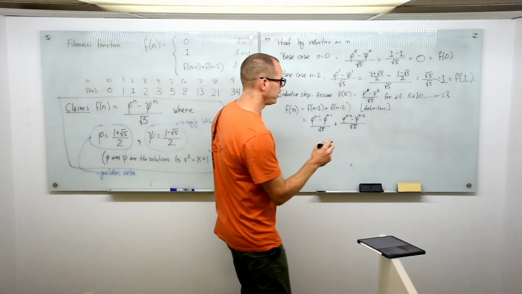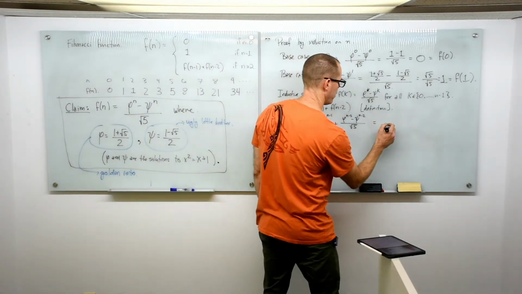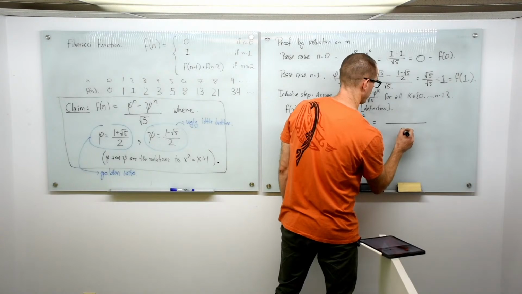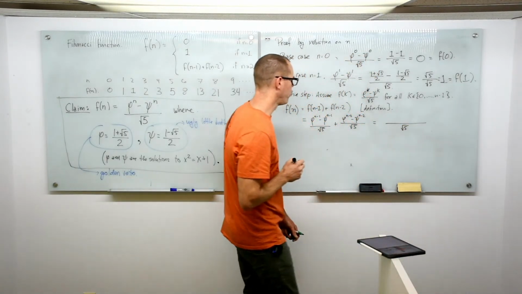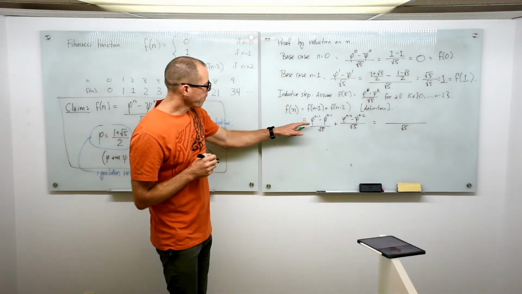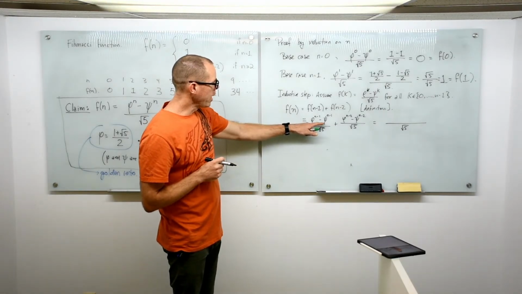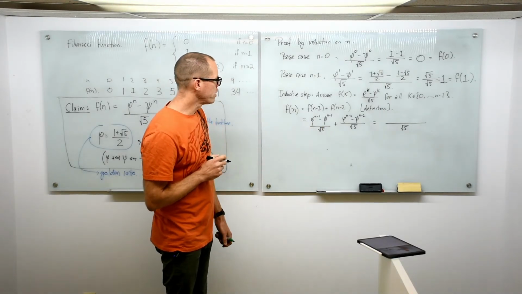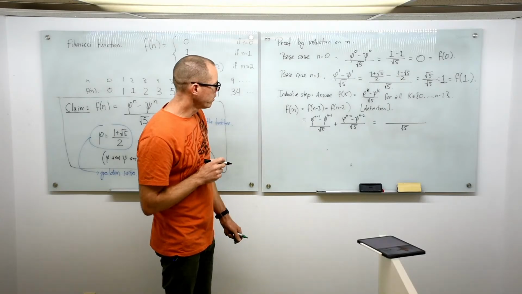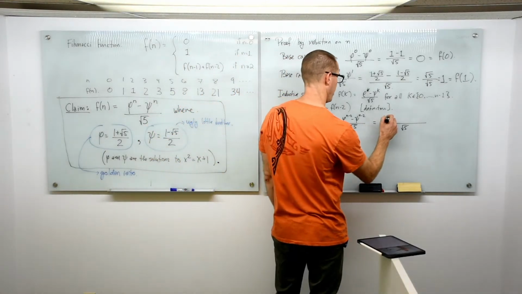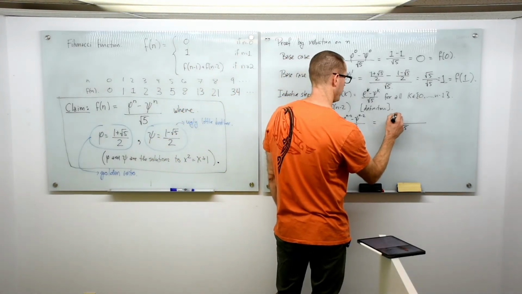Let's clean this up a little bit. So everything is over square root of 5. Let's leave that alone for now. And we have some negative psi's and some positive phi's. So let's group them with each other.